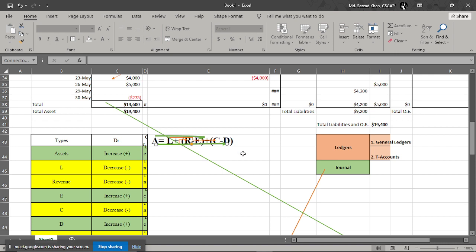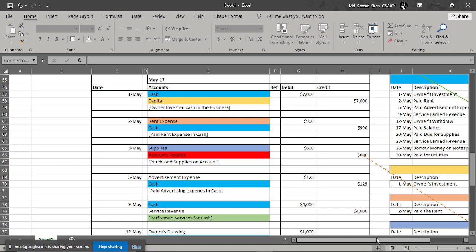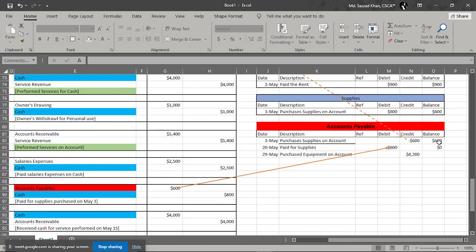However, in the liabilities section, accounts payable is under the liability. So it opens up with a credit balance, as you have seen, 600. First it was credited, then it comes up with the balance 600. Then there has been a debit, which means the value of the accounts payable has decreased.